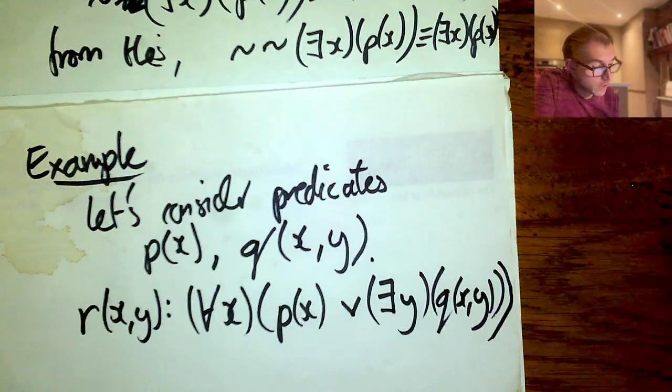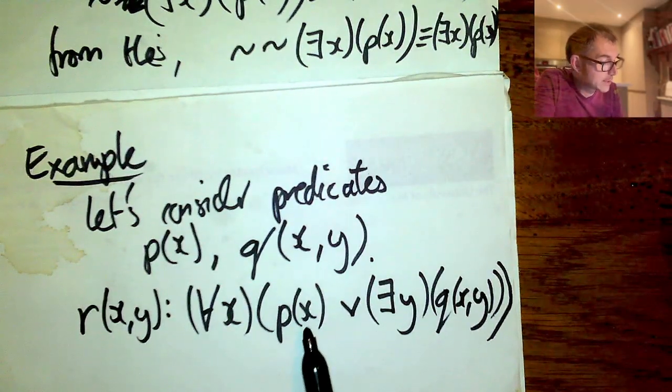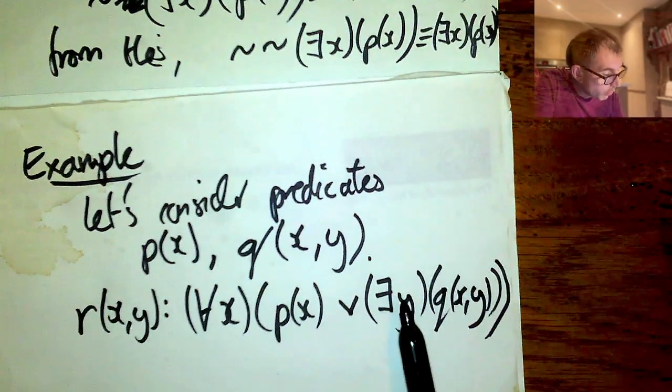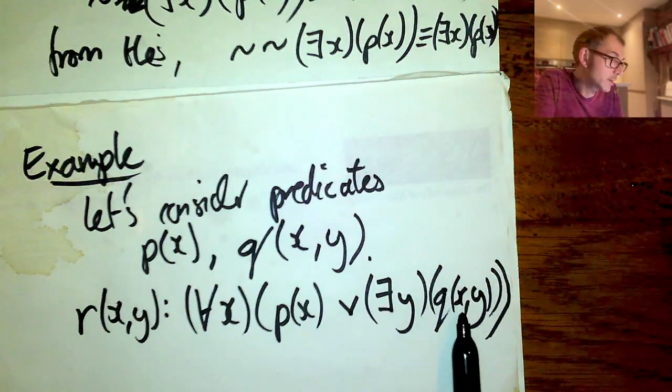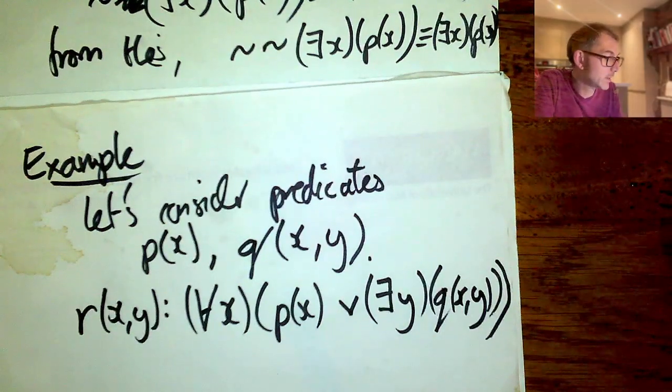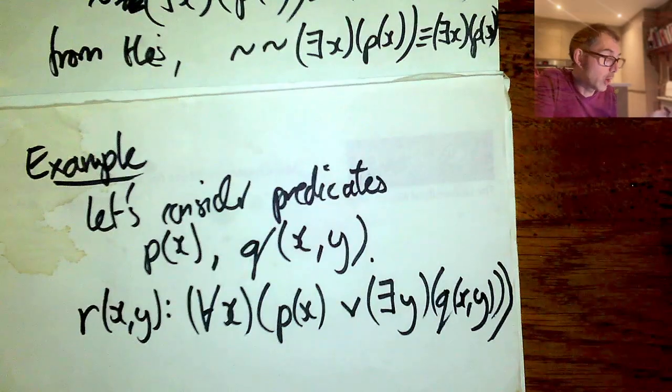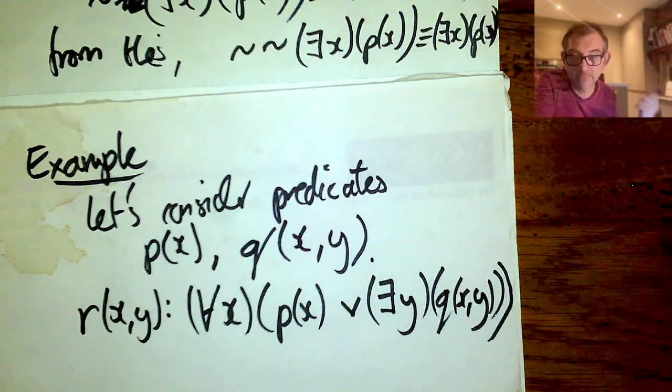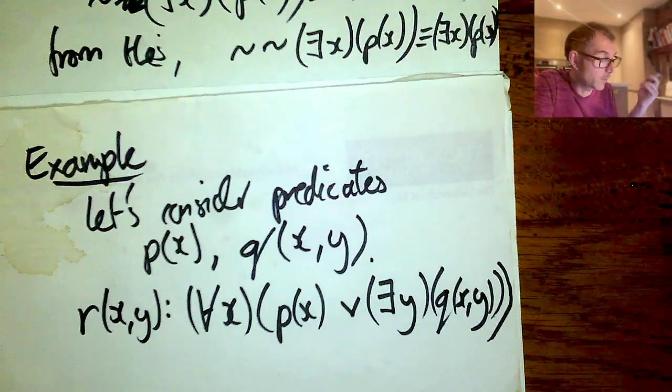In, let's say, the real numbers, a very good example would be either x is 0 or there exists some y so that x times y is equal to 1. That would be saying either you've got the number 0, or I can find an element that multiplies with x to give you 1, so I can find an inverse. I can find 1 over x.